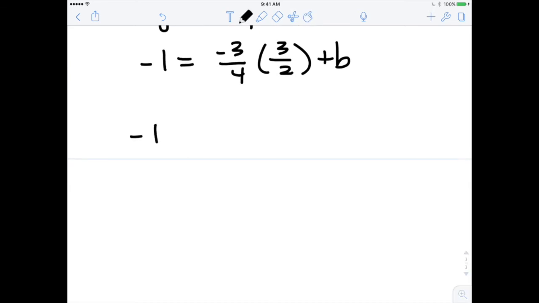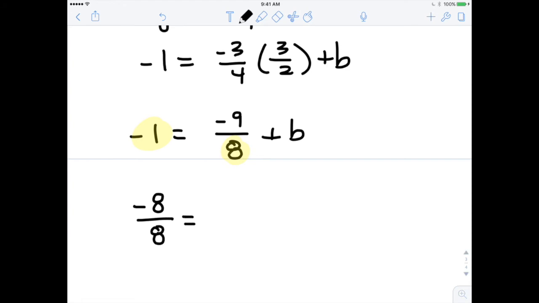So -1 equals -9/8 plus b. If I want to put -1 in terms of eighths, well, that's just going to be -8/8 equals -9/8 plus b.